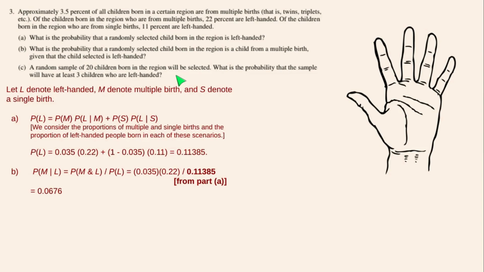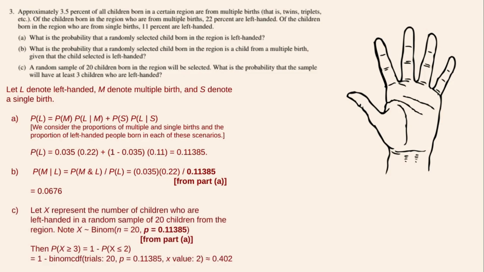Here comes part C. Now, I choose to do this one a little bit differently than College Board, though I will show their answer. Let X represent the number of children who are left-handed in a random sample of 20 children from the region. We're going to note that X fits a binomial model with n equals 20, and the probability of success is 11.385%.